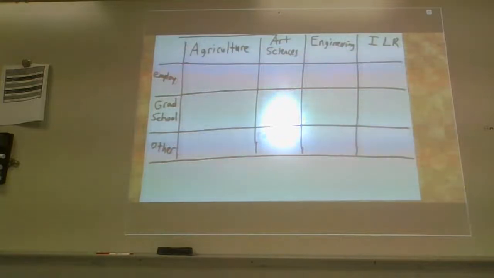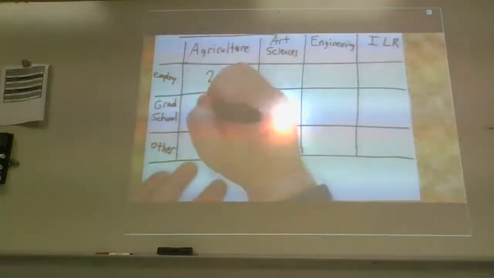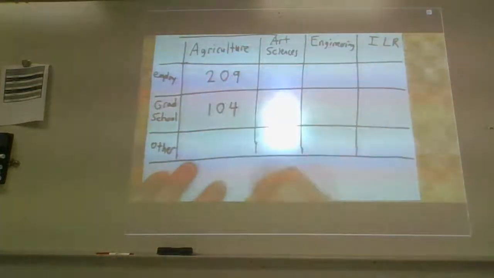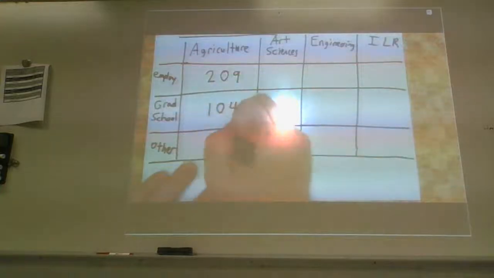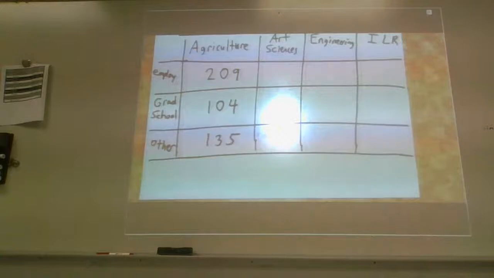These are all observed counts. So I'm just going to write in these numbers. I want you to write in these numbers as well. 209, 104, 135. These are the numbers for agriculture. Meaning, all these students who were in the College of Agriculture, well, 209 of them are employed and the rest are grad school and other.